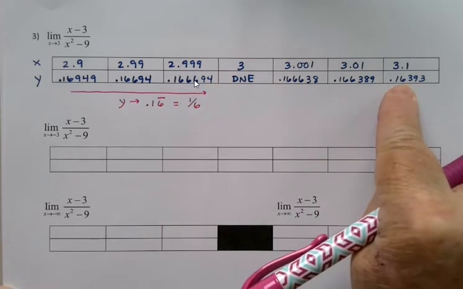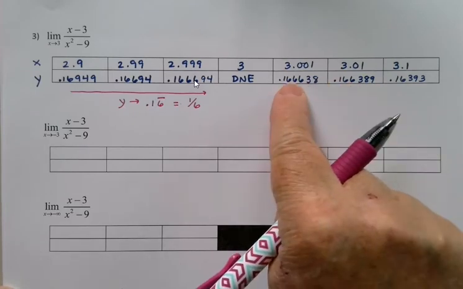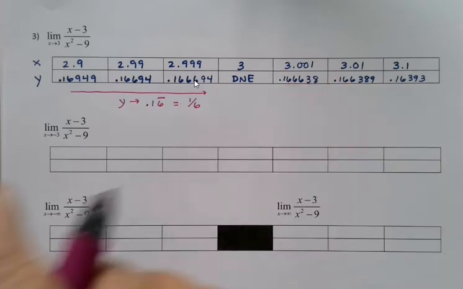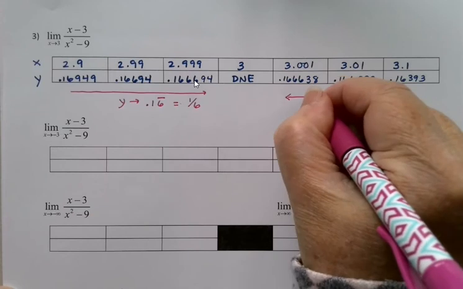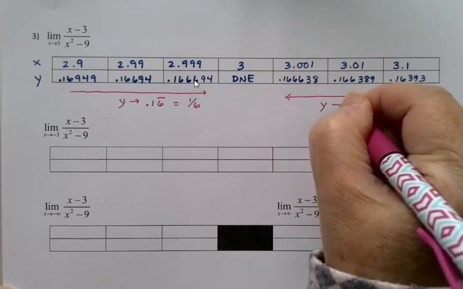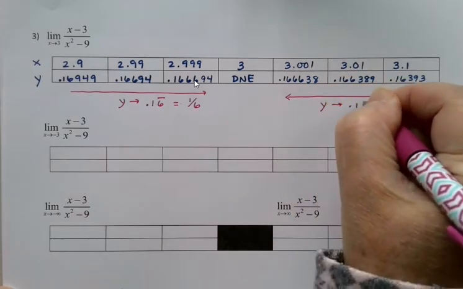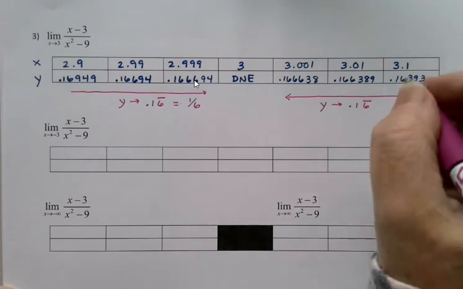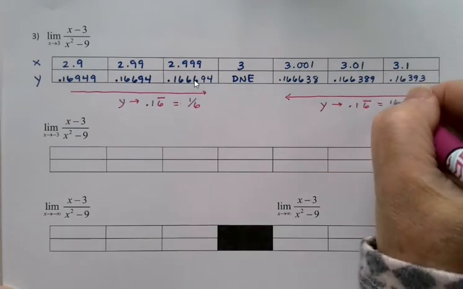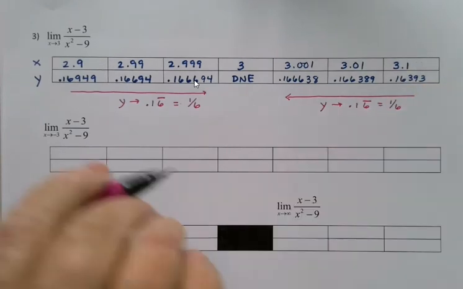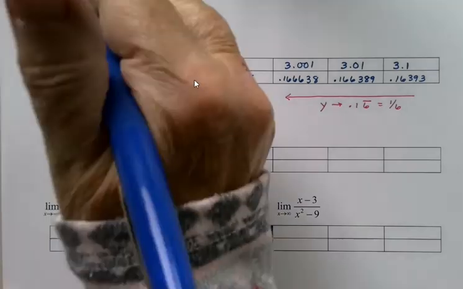I'm seeing the exact same pattern from the right-hand side. The number of 6's seems to increase the closer we get to x equals 3. So once again, I believe y is trying to approach 0.16 with the 6 repeating, or as a fraction 1/6. So I think we're going to go with a limit of 1/6 here.